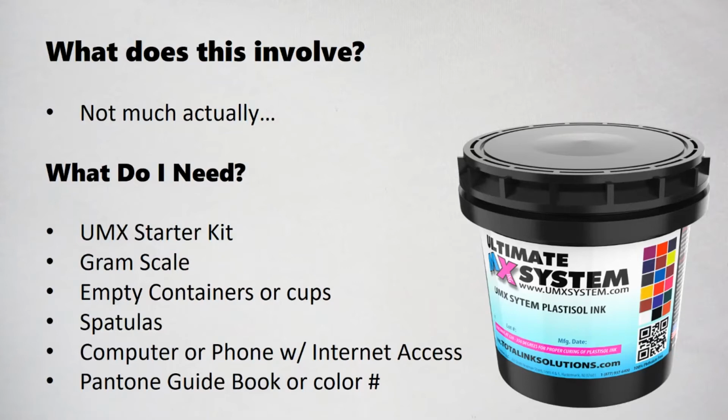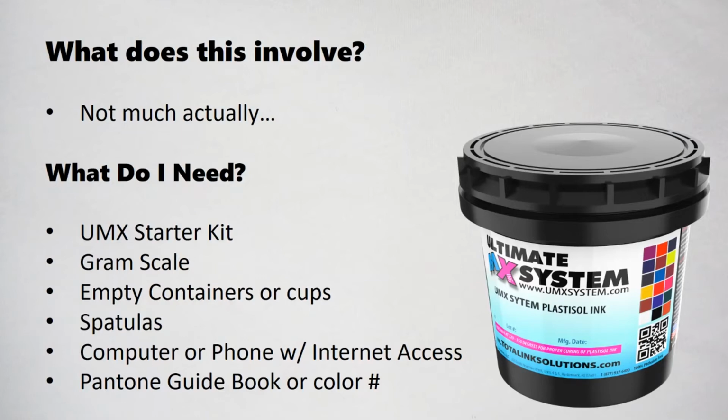So in combination with ink, you need a gram scale, so that when you're weighing out your formulas, you'll be able to mix everything as accurately as possible. You're going to need empty containers or cups, spatulas, a computer or phone. Just about every business has those these days. And then you need a Pantone guidebook, so you can see what the color is.